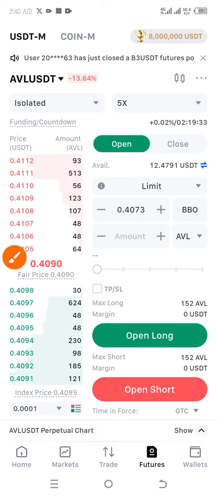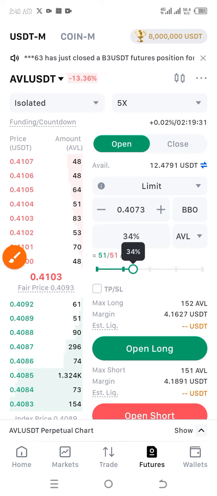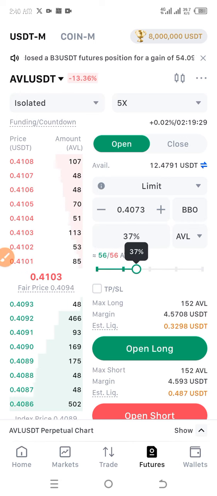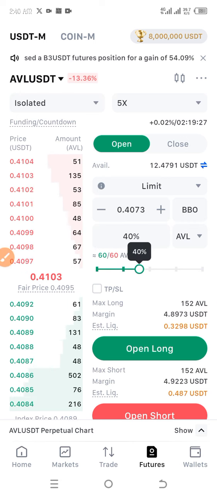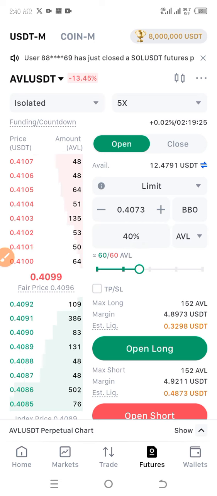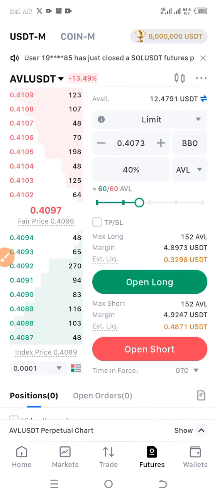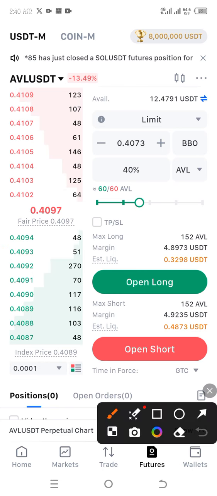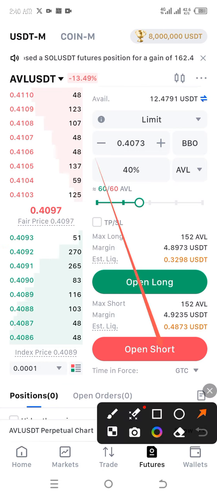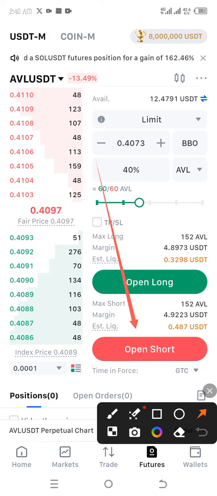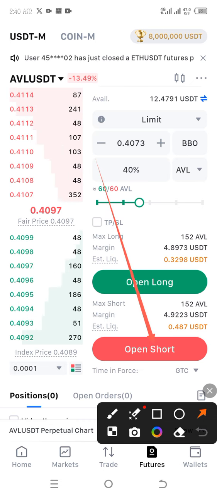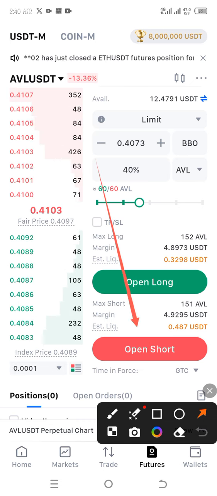So sometimes I will only go to maybe 40% of my fund, and once I go on 40%, I will now click short here. At the moment the coin is listed on perpetual, which is future, I will only click.